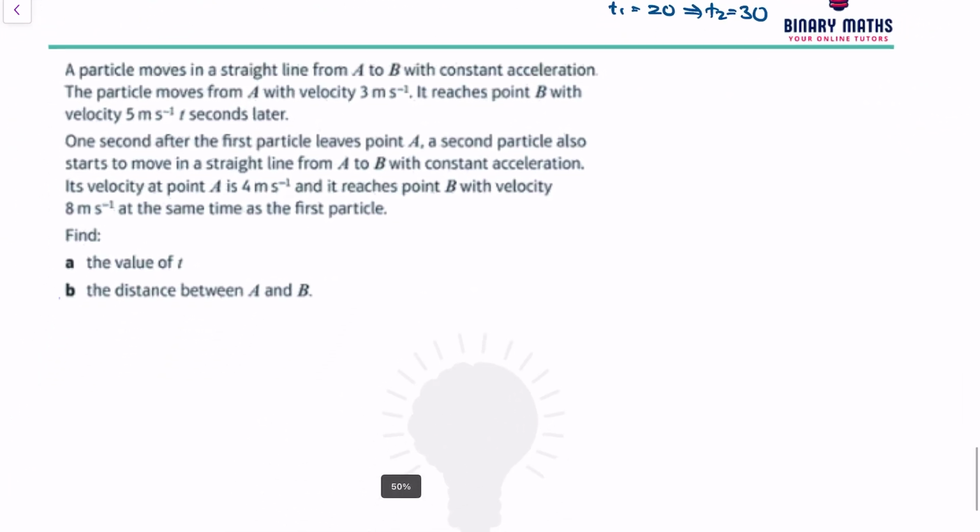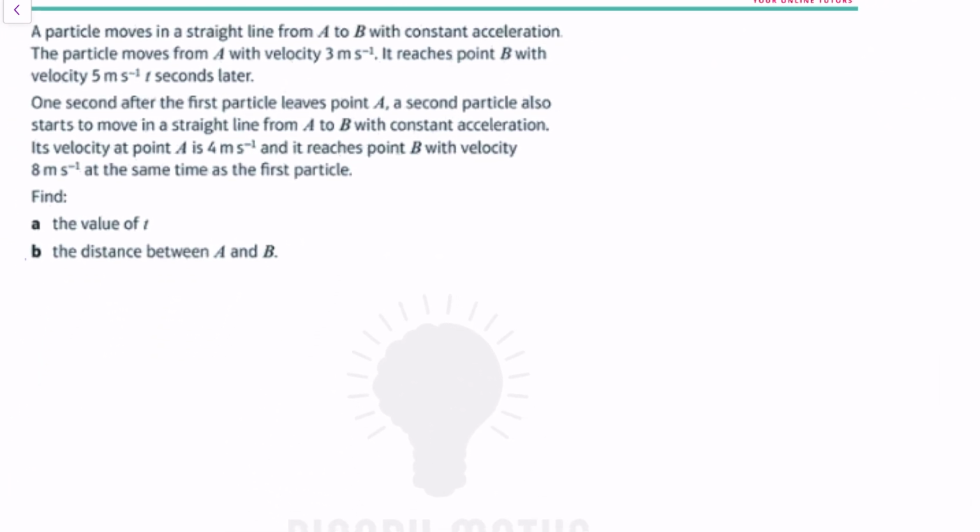Okay, the last question I'll go through. A particle moves in a straight line from A to B with constant acceleration. The particle moves from A with velocity 3 meters per second and 5 meters per second after t seconds.